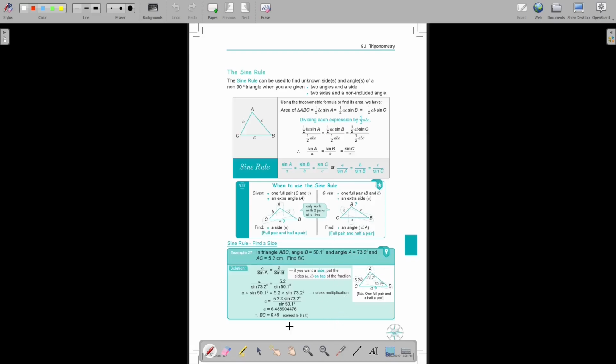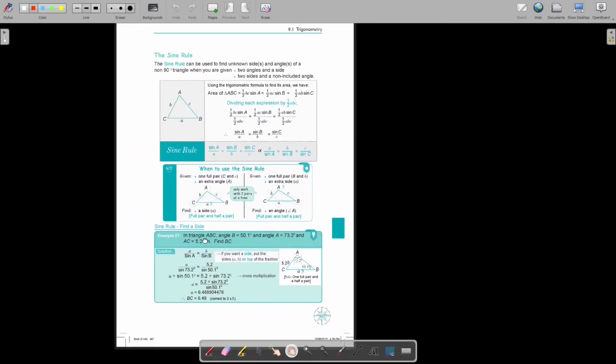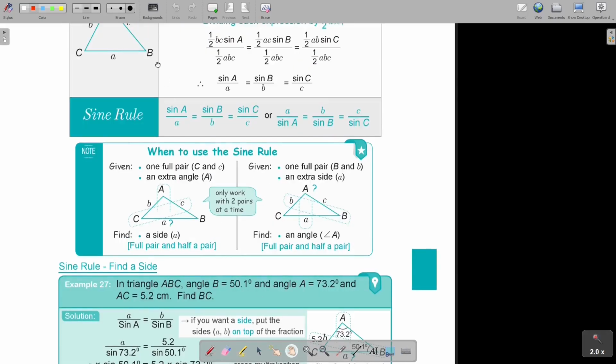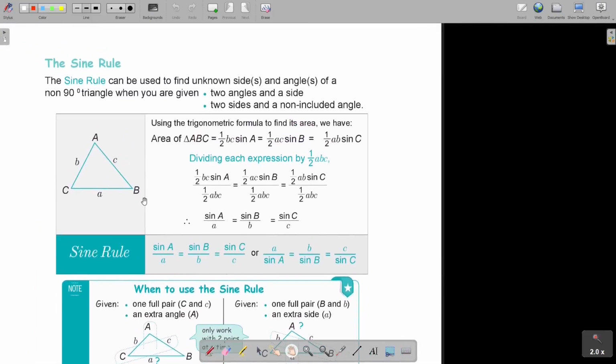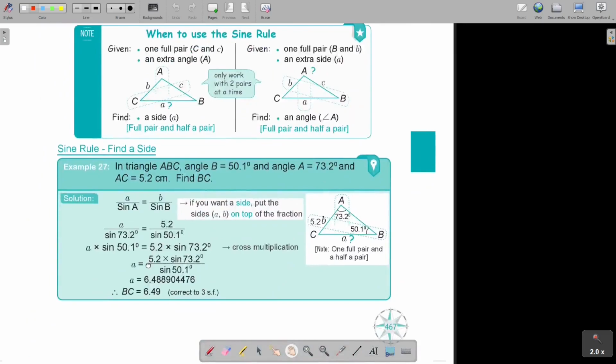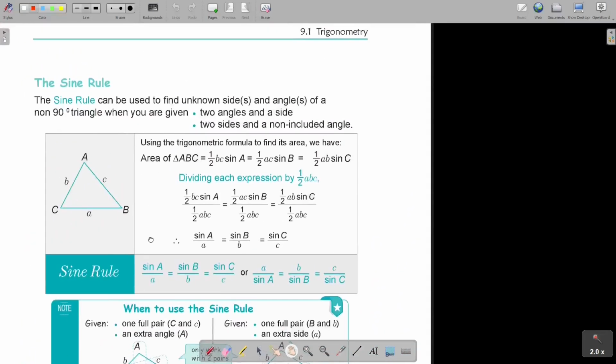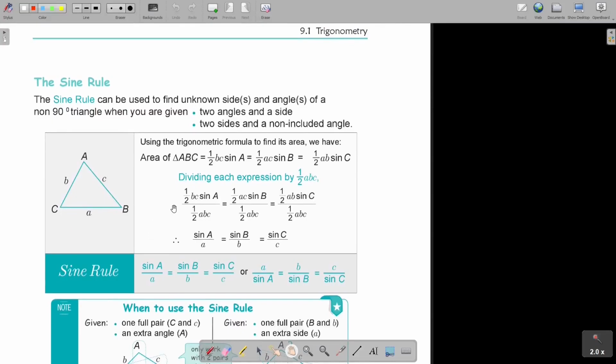Yes, okay. The sine rule. I'm taking you to the sine rule, and then I'll do the other one. The sine rule is on page 467 in this part 2 book. Now, it works like this.